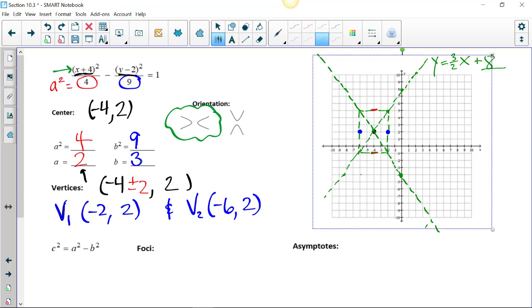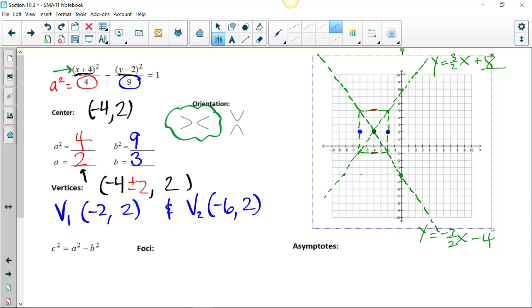Okay, so if I write the other asymptote equation, it's going to be negative 3/2 x, and we know it's going to be minus 4, but we'll show how to find them the other way, which we'll do as soon as we draw our curves.